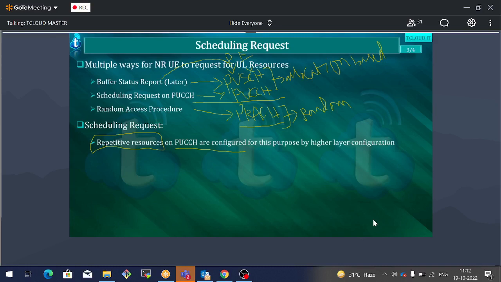Now, for the traffic that is coming in downlink, definitely ACK/NACK should go in uplink. So every now and then the mobile needs to send an acknowledgement or a negative acknowledgement in uplink for the data that is coming in downlink on the PDSCH channel. So even though there is no traffic in uplink, you still need to use PUCCH for transmitting these ACK/NACKs.